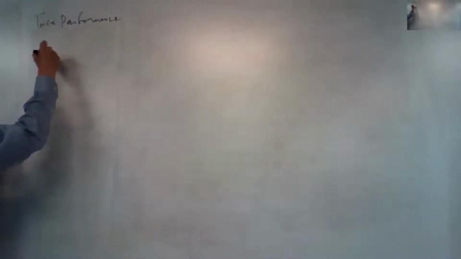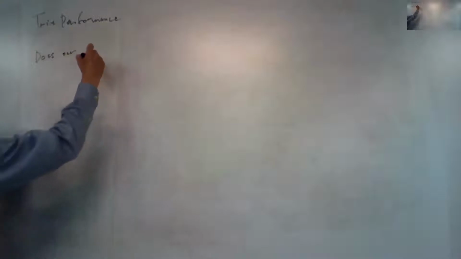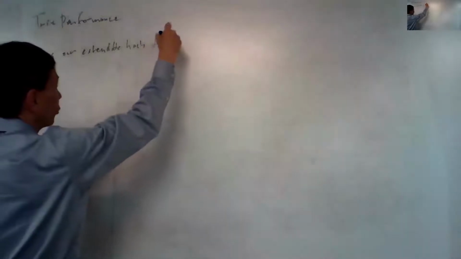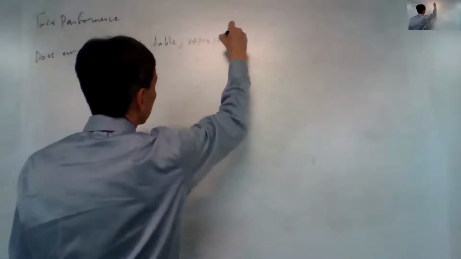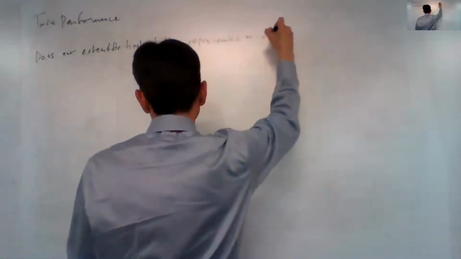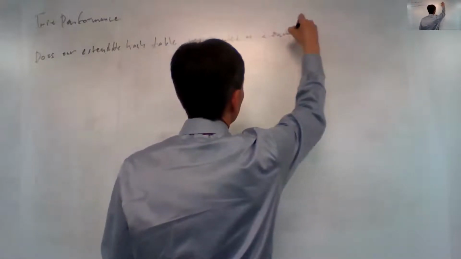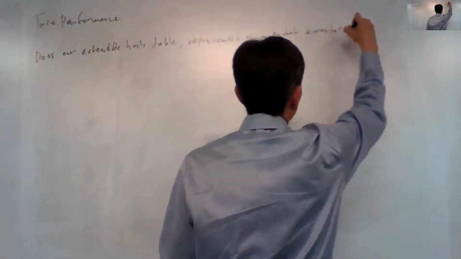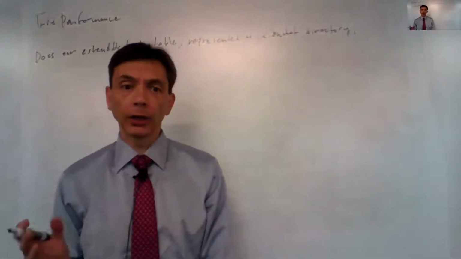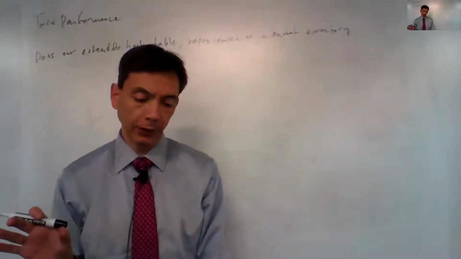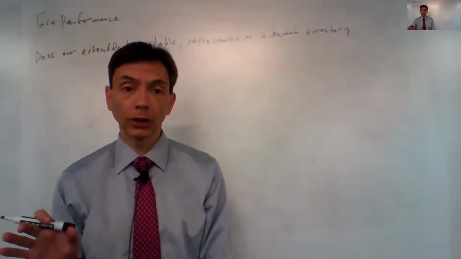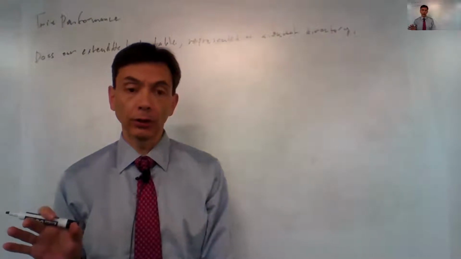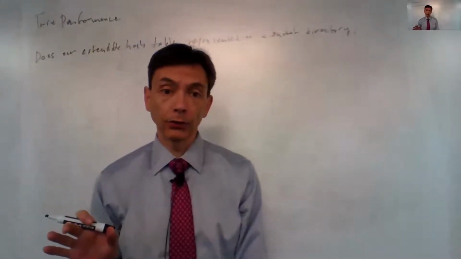Okay, so let's just finish up by saying, does our extendable hash table, which we represented as a bucket directory, and you remember that the bucket directory is that array where if you take the hash value and you take a certain number of bits off the front of the binary representation of the hash value, you can actually get a direct access to the entry in the bucket directory, the entry in the array that's actually going to hold the key if the key exists in the table.